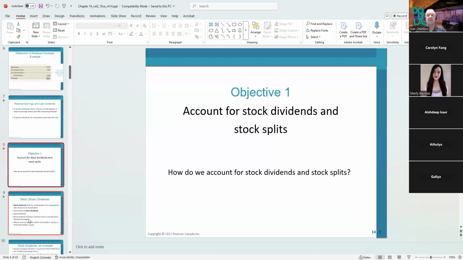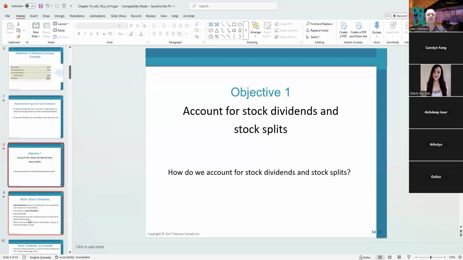Yes. What's the journal entry? Debit something, credit something. Which account are we going to create? Debit retained earnings, credit dividend payable. Excellent.